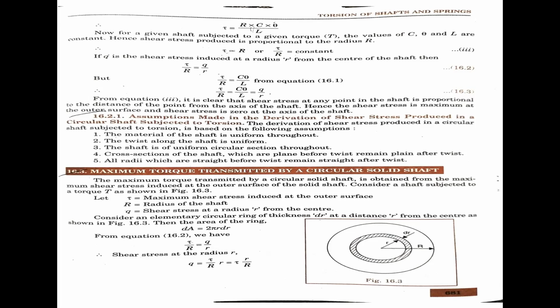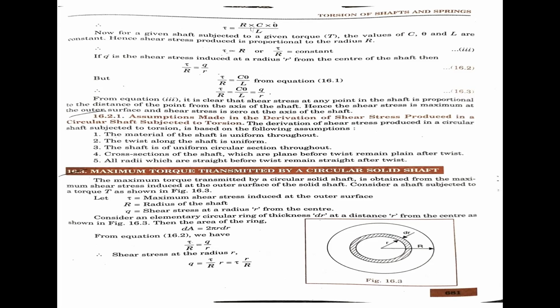Consider a shaft subjected to a torque capital T as shown in figure 16.3. See the diagram for the small radius and the maximum radius. Let tau equal the maximum shear stress induced at the outer surface, capital R the radius of the shaft, and small q the shear stress at a smaller radius from the center.